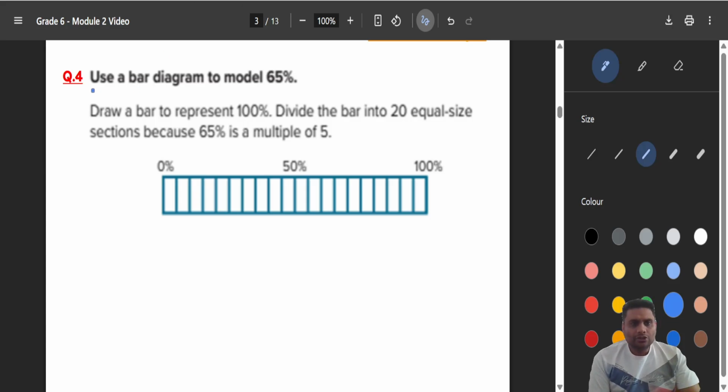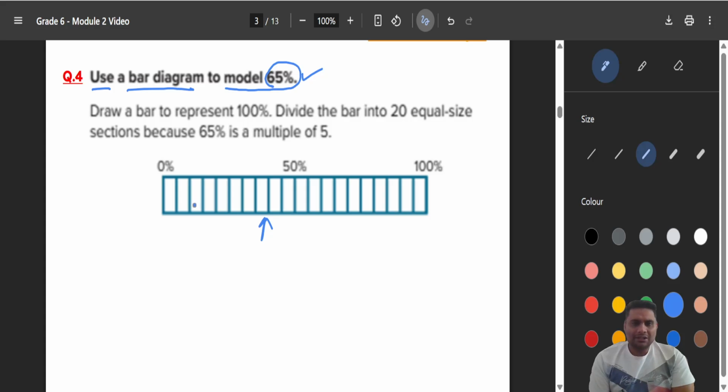It says, use the bar diagram to model 65%. We have to fill some of these boxes in this bar diagram, and the boxes that we color should be equal to 65%. Now let us start.